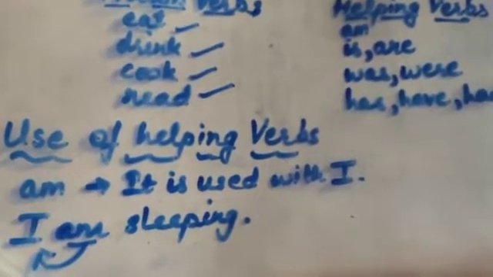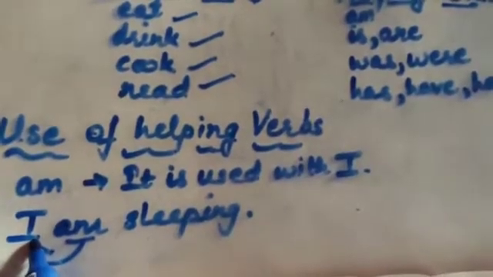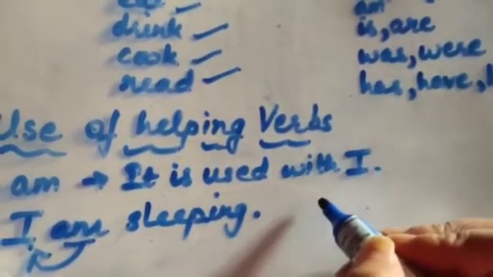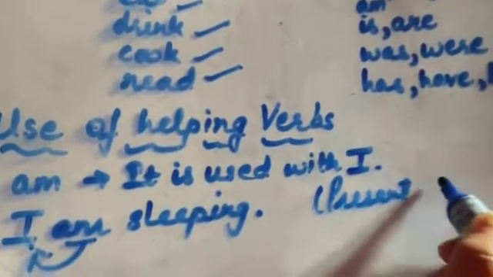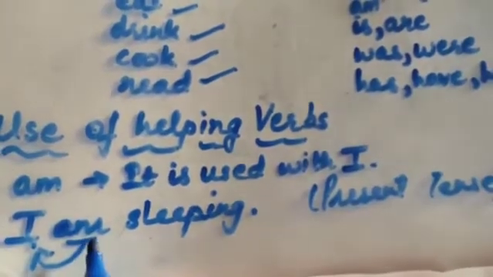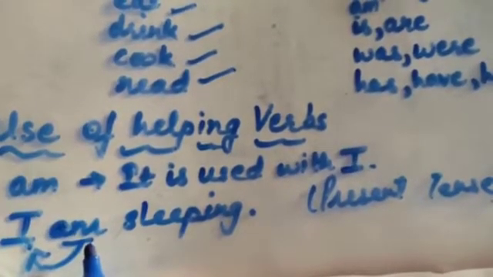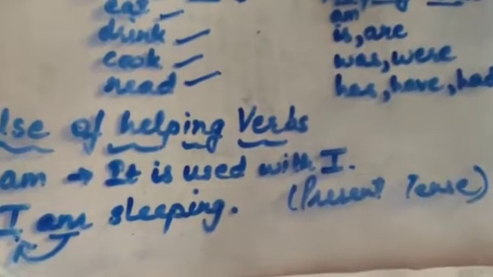Okay, so am is always used with I only. So it is used in the present tense. Whenever any action is happening right now, then we use am. Basically with the present continuous tense, which we are going to learn in the tense chapter later on.